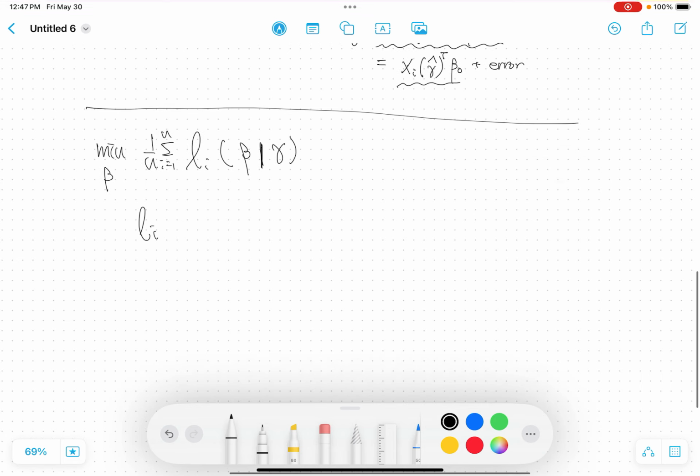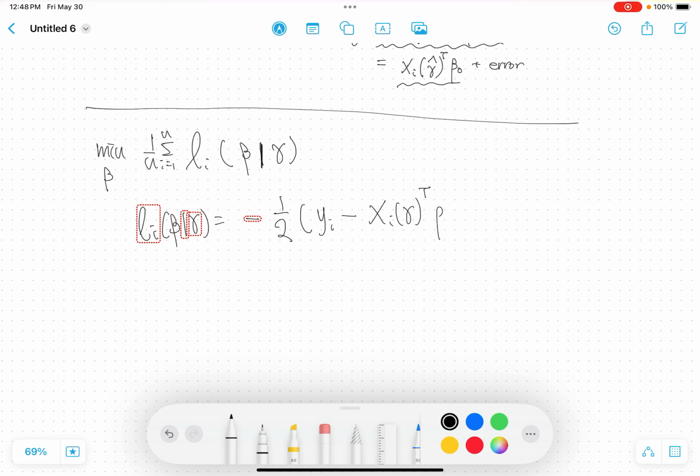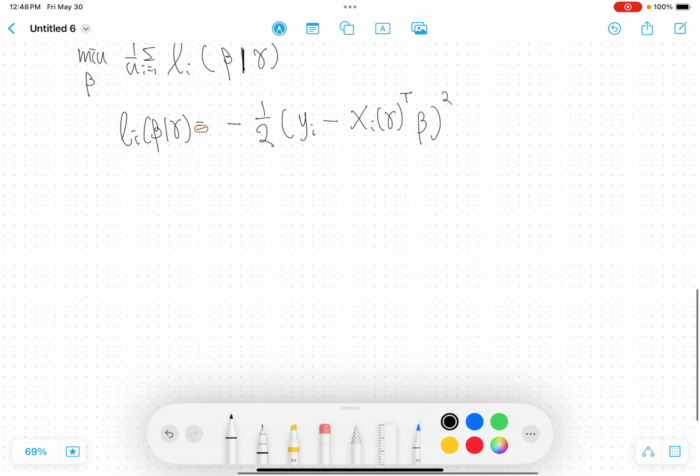And the function Li, the criterion function, will be defined, for simplicity, as minus 1 over 2 times yi minus xi gamma transpose beta squared.